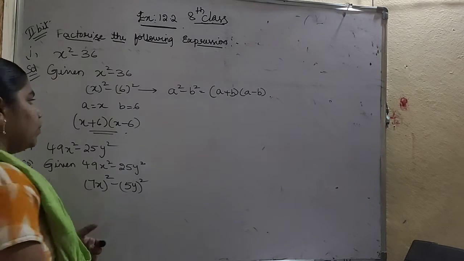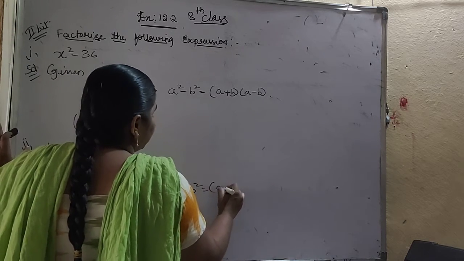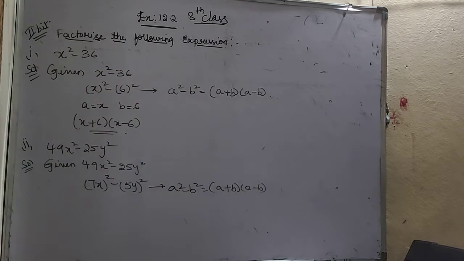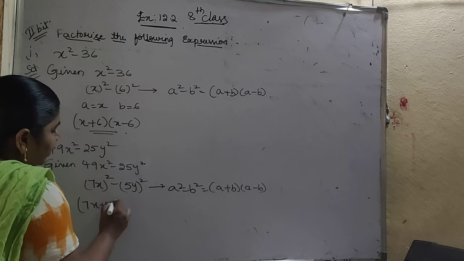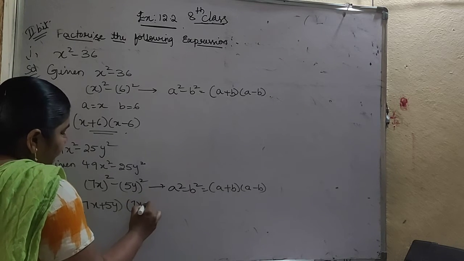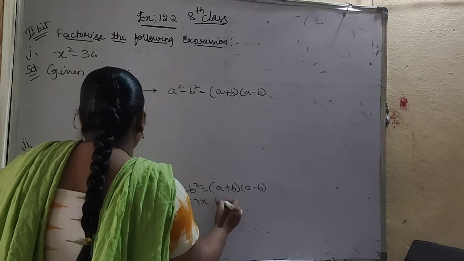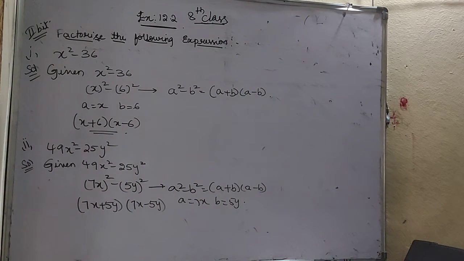Now this is in the form of a square minus b square, that is a plus b into a minus b. That is 7x plus 5y we can write, and 7x minus 5y we can write, because here a value is 7x and b value is 5y. So this is our second solution in this second bit.